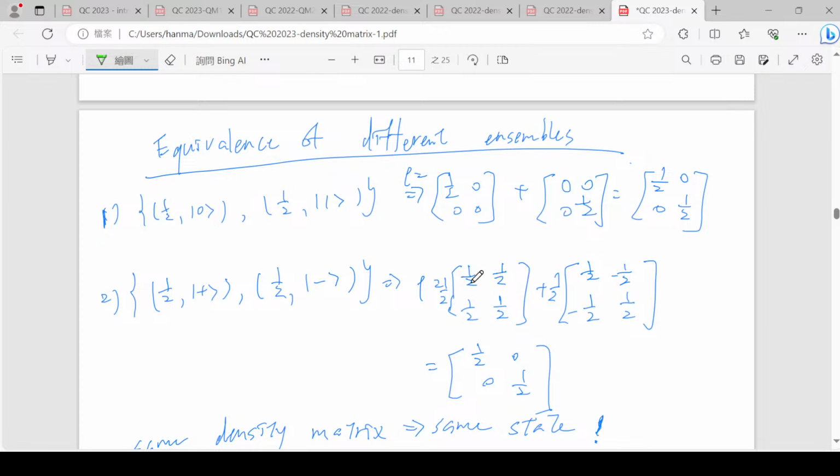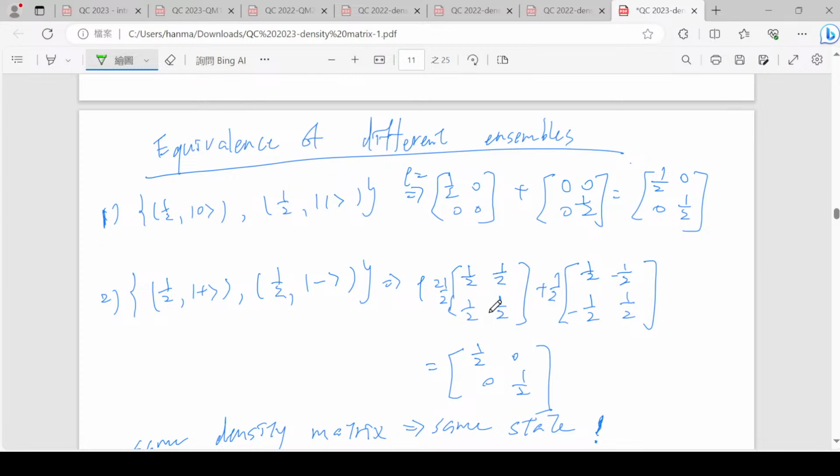The plus state, when you multiply it out, is the matrix with 1 half in every entry, and the minus state, you do the projection on it, and it's basically the same thing, but you get a minus sign on the off diagonal. So you take the probability mixture of them. Then on the diagonal you get 1 half back, and on the off diagonal the 1 half is cancelled by the minus 1 half, so it's just 0.